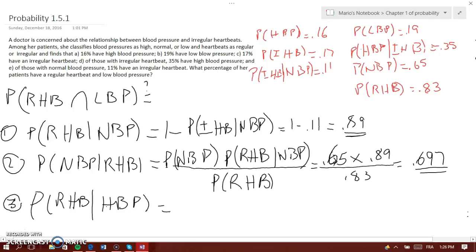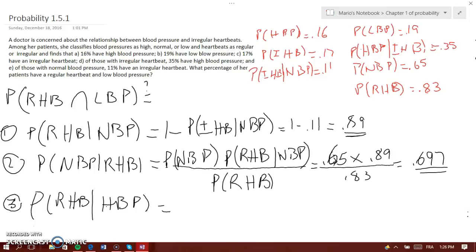So what we're going to do is use the inverse formula with the multiplication rule.